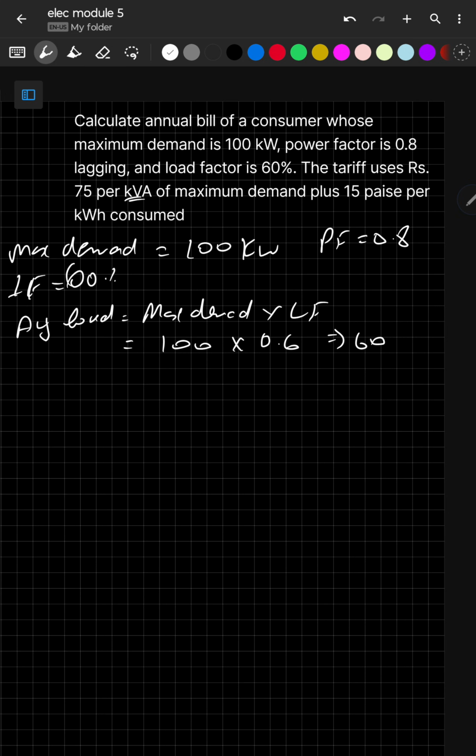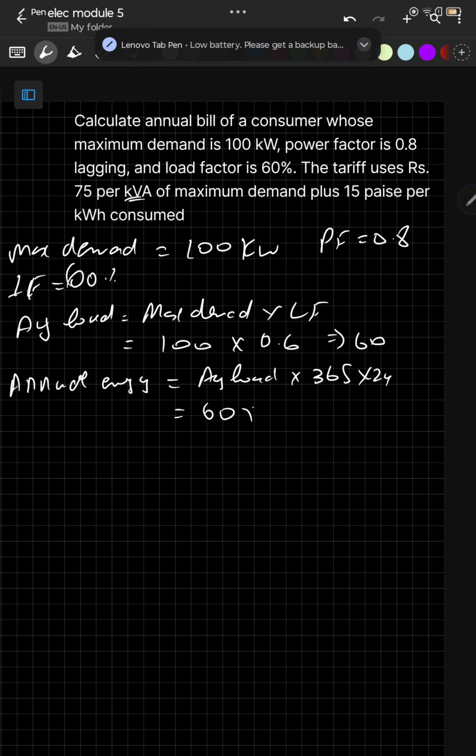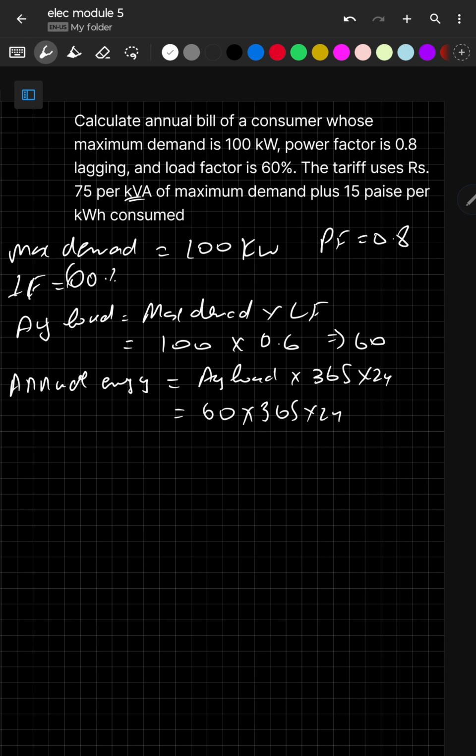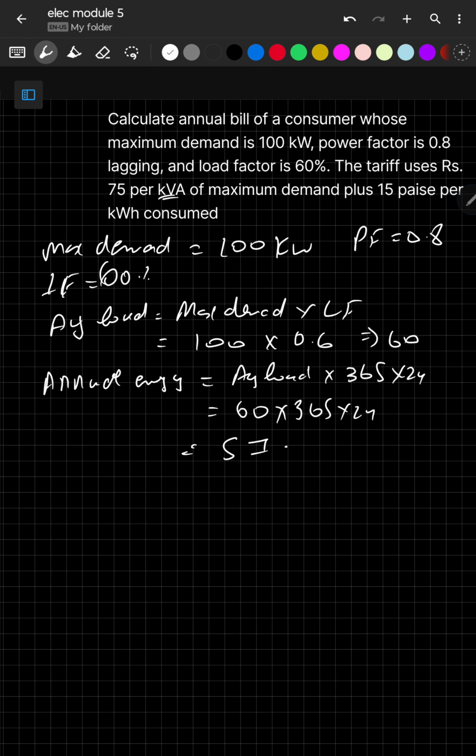Correct? Now we have to find the annual energy consumed also. So that is equal to average load into 365 into 24, that is 60 into 365 into 24.